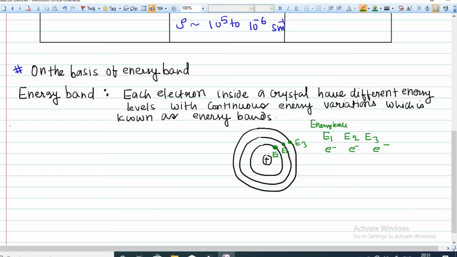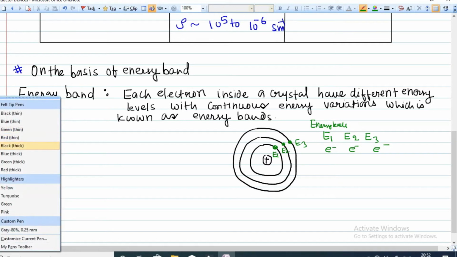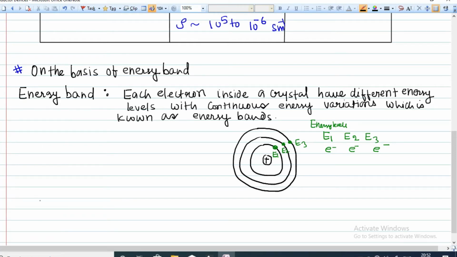After energy band, the next term is valence band, written as VB. What is valence band?